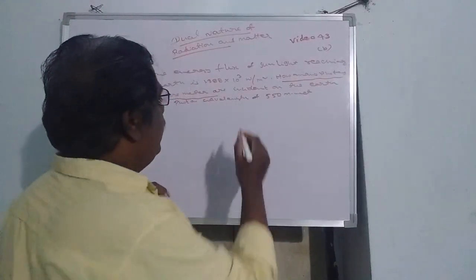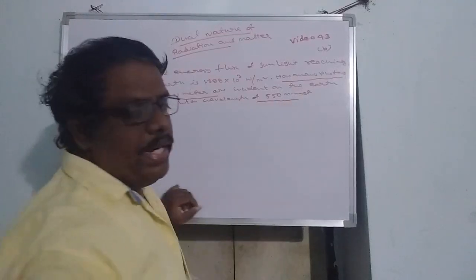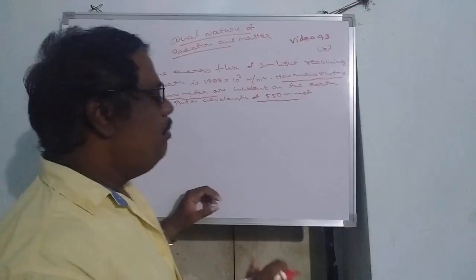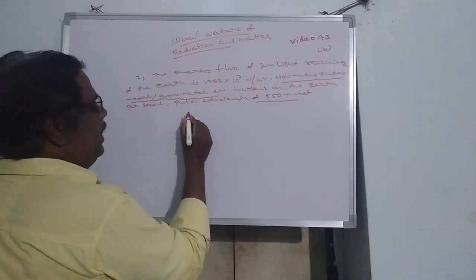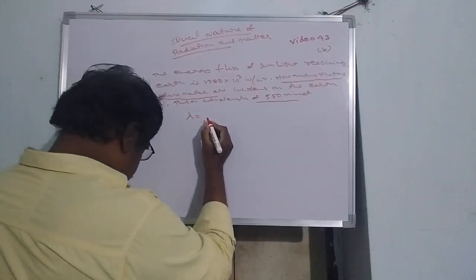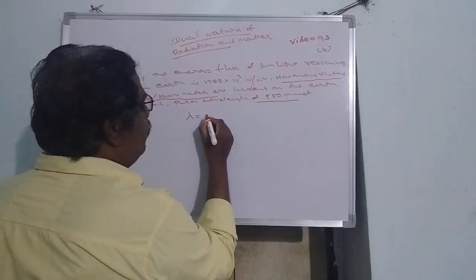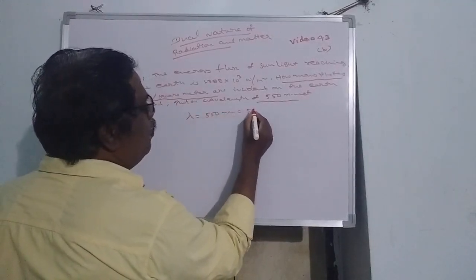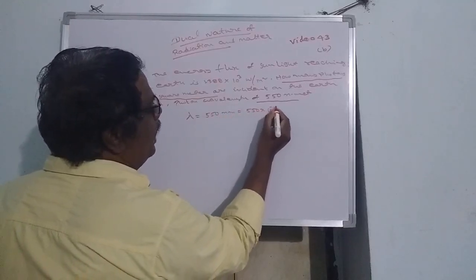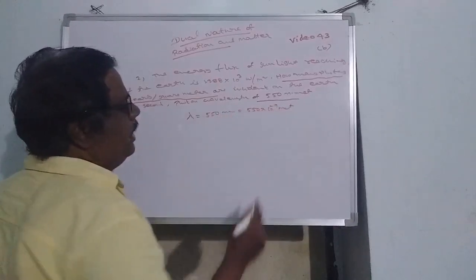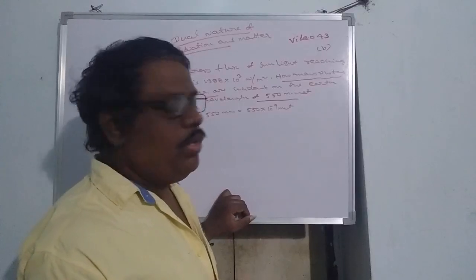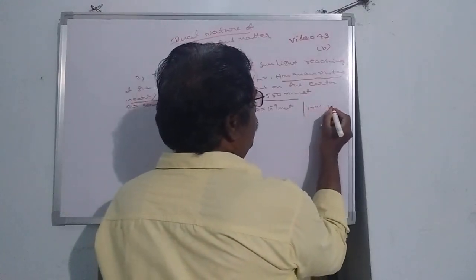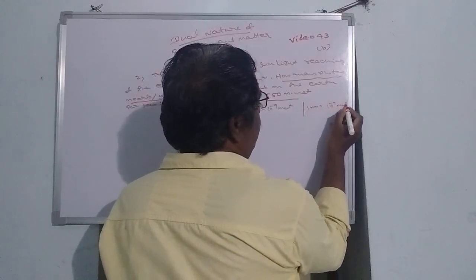Wavelength is given in nanometers, so first we have to convert that into meters. Wavelength is denoted with lambda. Lambda is equal to 550 nm, which is 550 into 10 power minus 9 meter. That means 1 nanometer is equal to 10 power minus 9 meters.